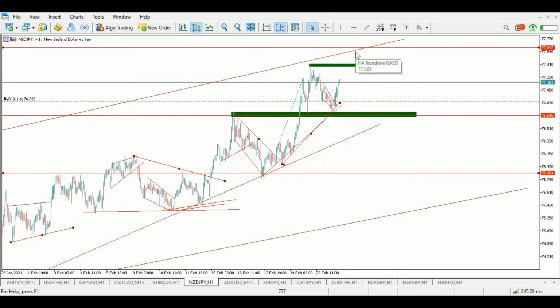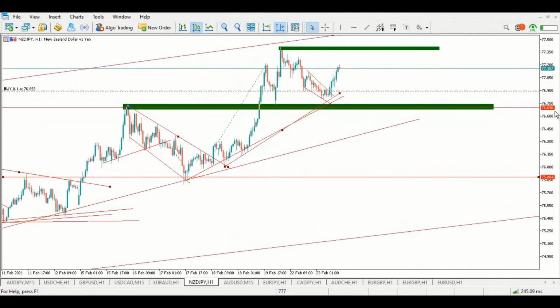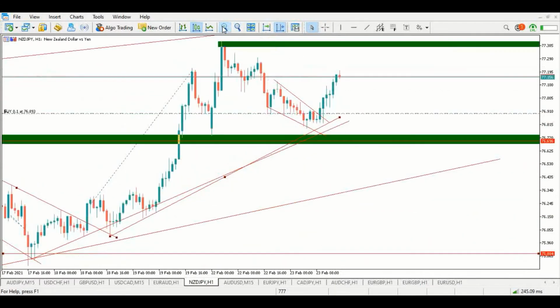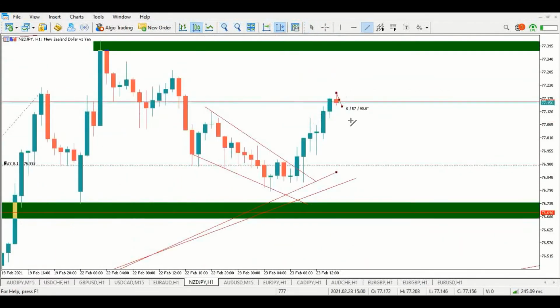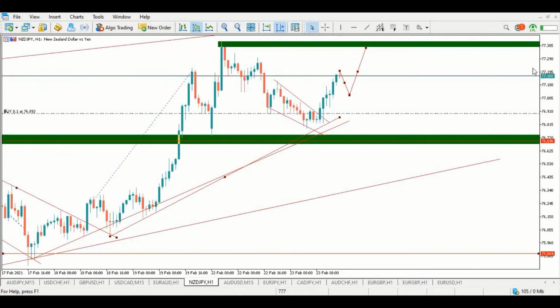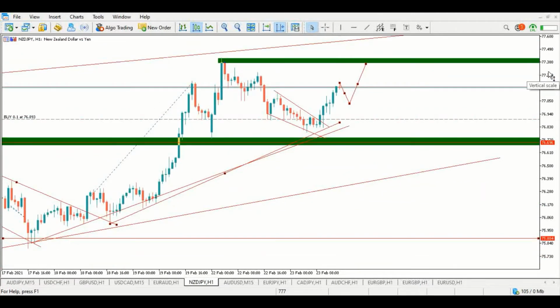I'll be waiting for price to form some higher lows and then break the high, for me to start trailing my stops. I need relatively significant higher lows to start trailing my stops. So that's it for this trade. I will keep you guys posted.